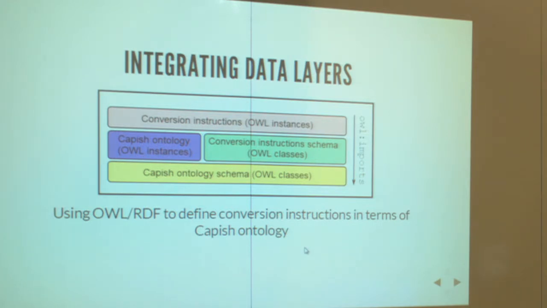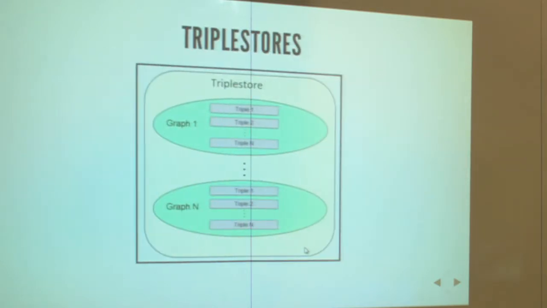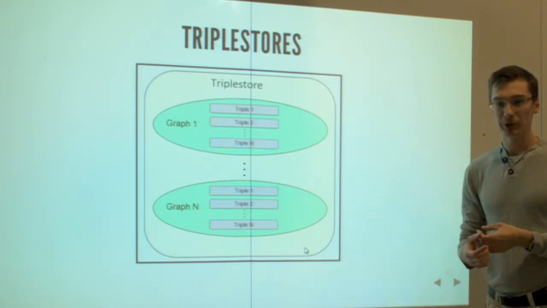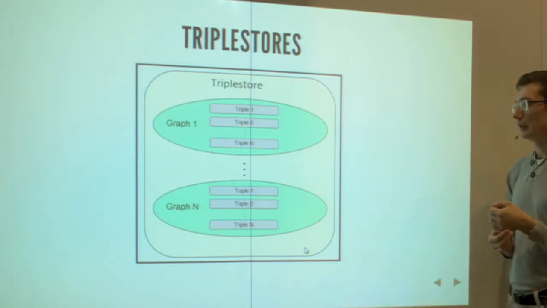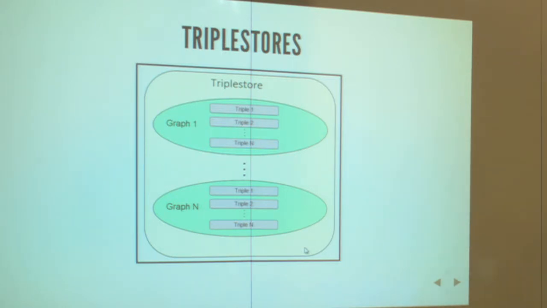Well, how would we be helped to do that? By the third biggest part of the semantic web stack, the triple stores, the databases which store RDF naturally. As it turns out, there is a very useful feature which triple stores support, and it is called graphs.